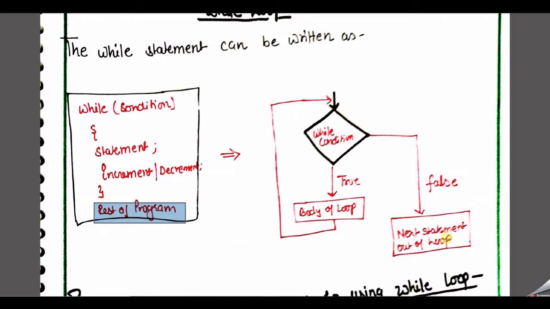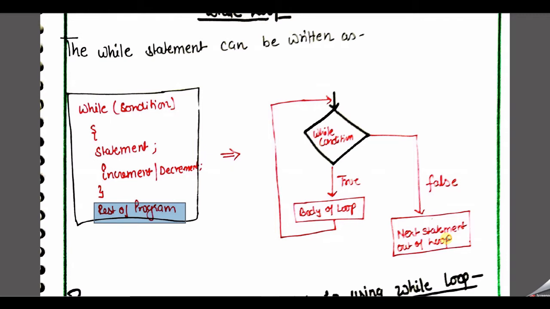So this is basically the syntax and the flow chart of the while loop statement, where we can see it easily. First of all we need to mention our code, then what action we want to display on our screen, and after that apply the increment or decrement according to your task, how many times you want.